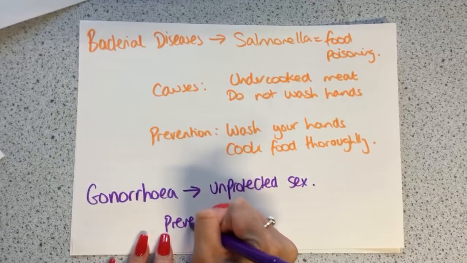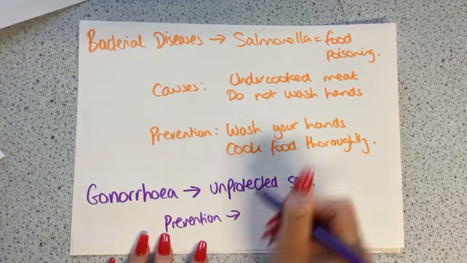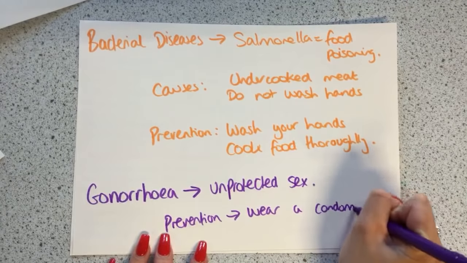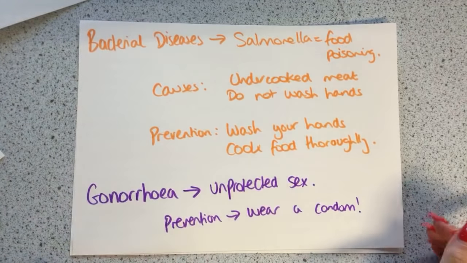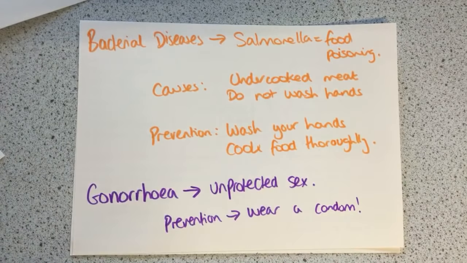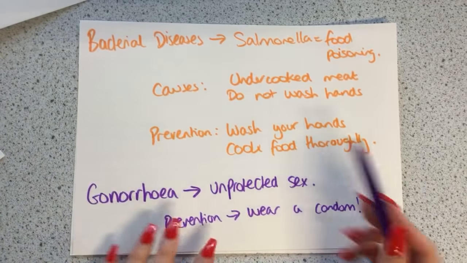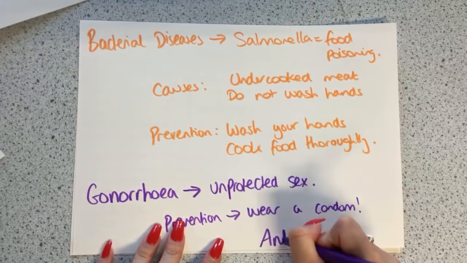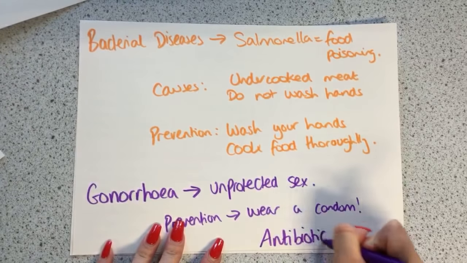Prevention, obviously wear a condom. And if you do get a bacterial disease, I'm going to talk about this in more detail later, but obviously then the main way of treatment for bacterial diseases is antibiotics, but I'm going to come on to talk about antibiotics later.